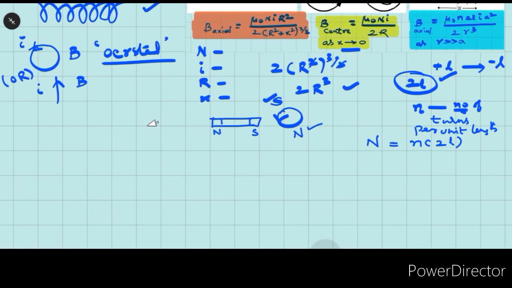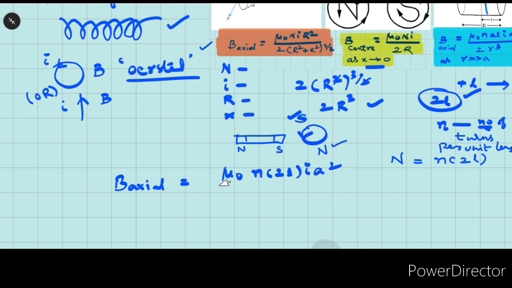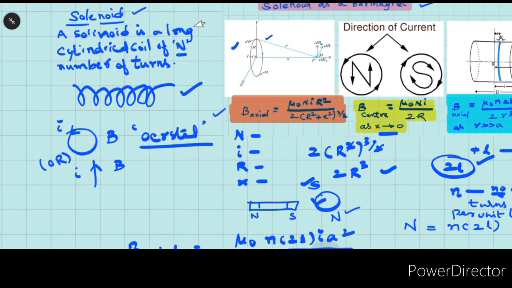So from this expression, B axial of solenoid is equal to mu naught, N is replaced by n into 2L, I is the current, into A square divided by 2 into (A square plus x square) whole to the power of 3 by 2. Here A is the radius, whereas in the earlier case R is the radius, and x is the axial distance.